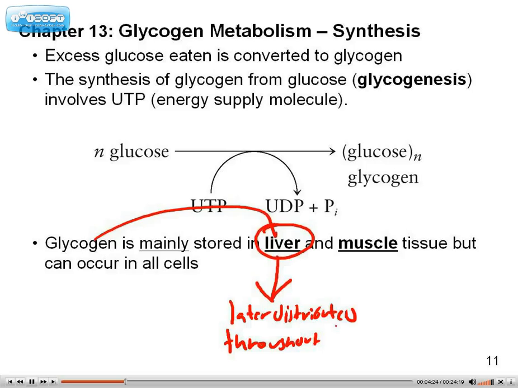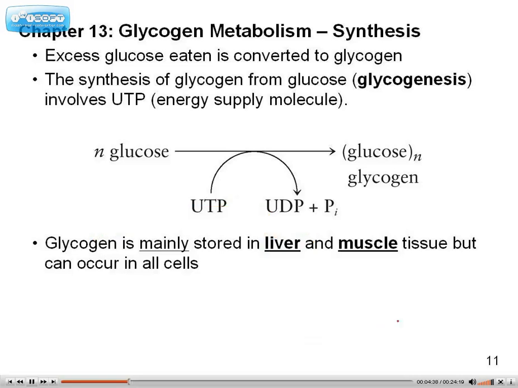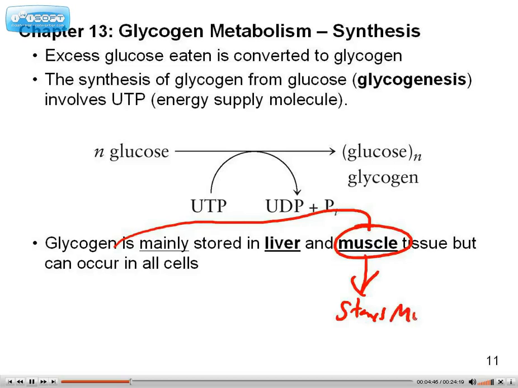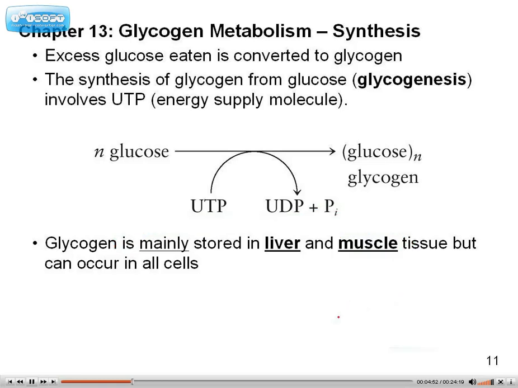So even though we're temporarily storing the glycogen in the liver, we will then break it down at a later point and distribute it out throughout the body. Glycogen which is stored in the muscle basically stays in the muscle, and the glycogen is broken down for energy exclusively for the muscle. So those are key differences between the glycogen found in the liver and glycogen found in the muscle.